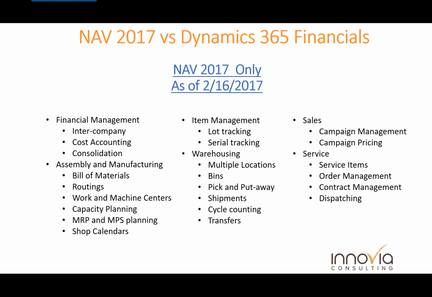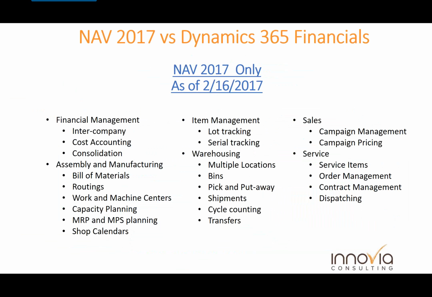Assembly and manufacturing, Dynamics 365 does not have this as of yet. There's a strong push from the community for Microsoft to get that rolled out in 365, but as of today, if you're a manufacturer or an assembler, what you're not going to have is what's listed below there.